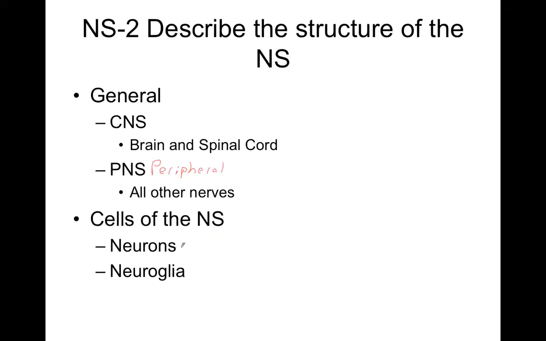Cells of the nervous system, you have neurons. Neurons' job is just to carry nervous signals. So these carry the actual electrochemical signal. And the neuroglia support the neurons. They help provide nourishment or take care of them in other ways, protect them.